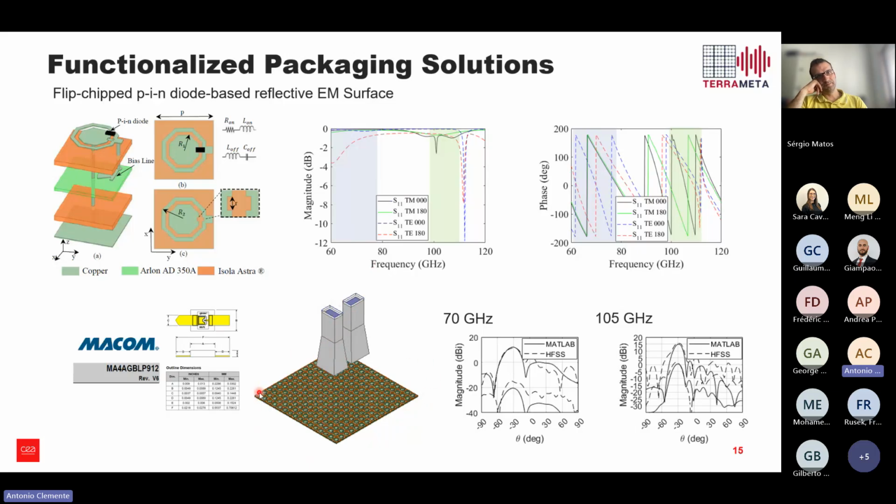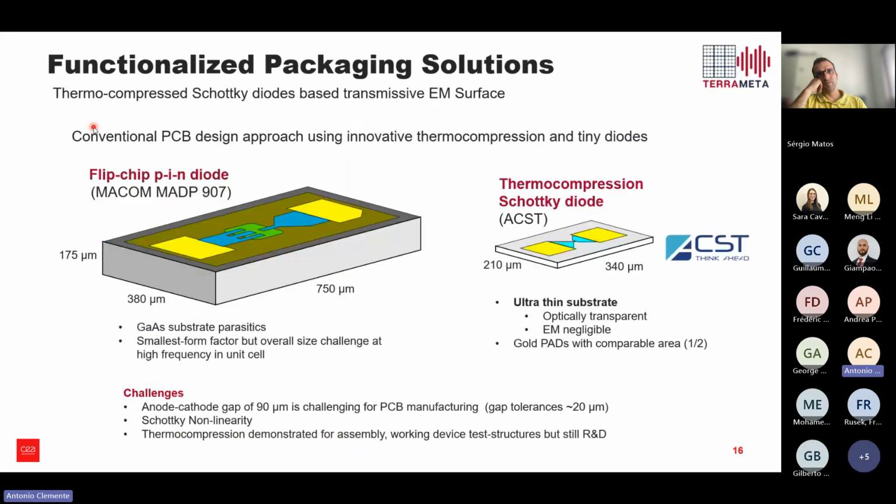On each element you have 1 PIN diode, and we can generate a phase control in two different frequency bands, and we can also generate beam steering in these 2 frequency bands. But for us, this kind of demonstration is maybe the limit of the use of PIN diodes. We cannot go up in frequency, and as I said before, it will be very hard to add additional PIN diodes on this kind of structure.